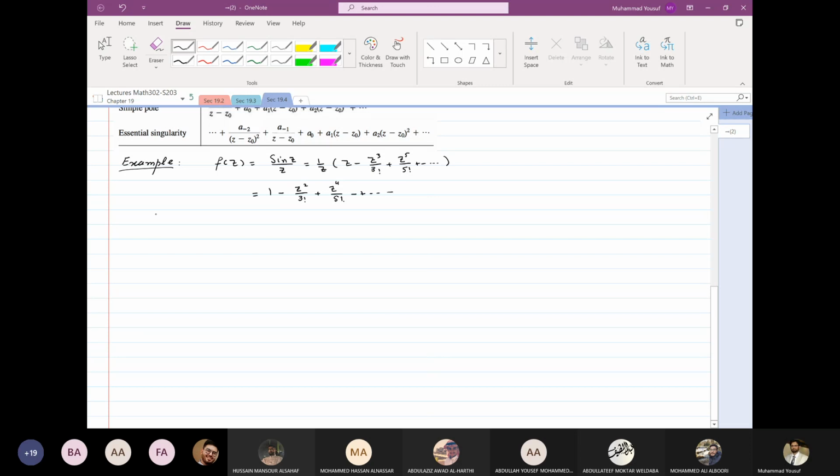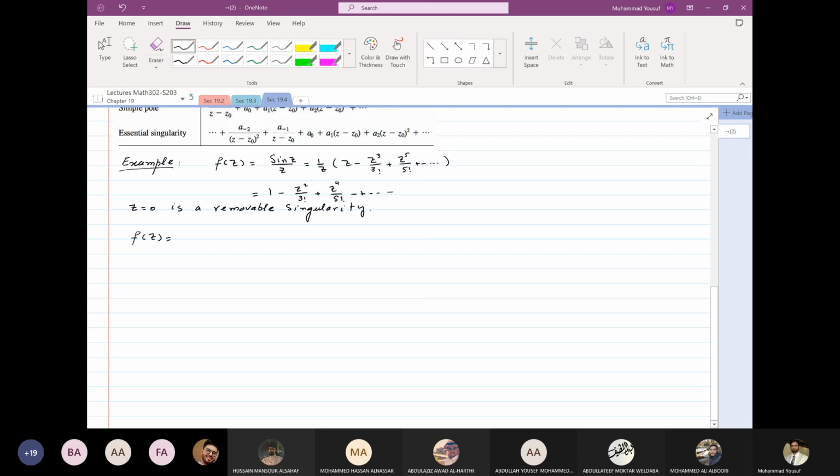So here we see that z equal to 0 is a removable singularity.